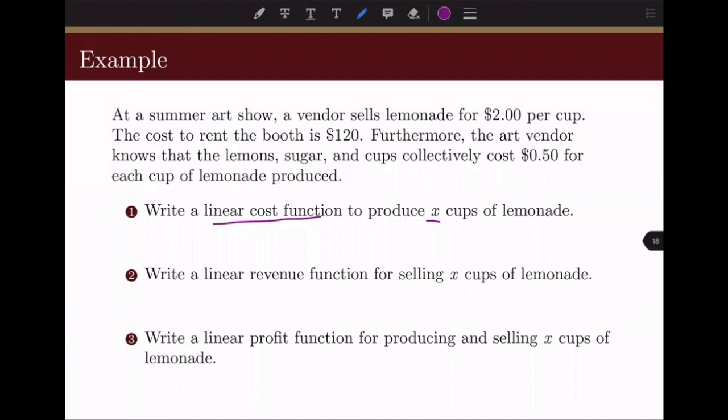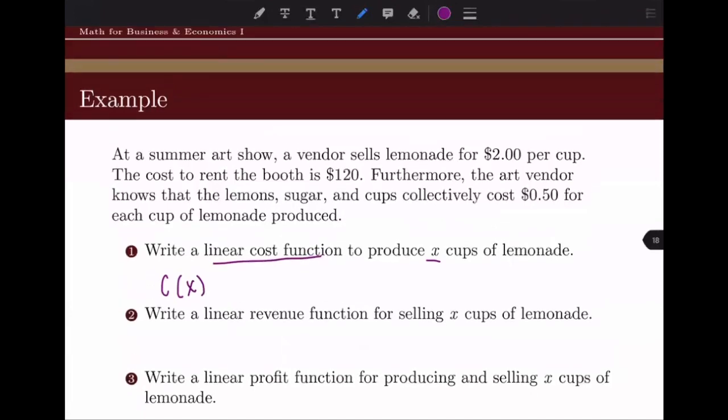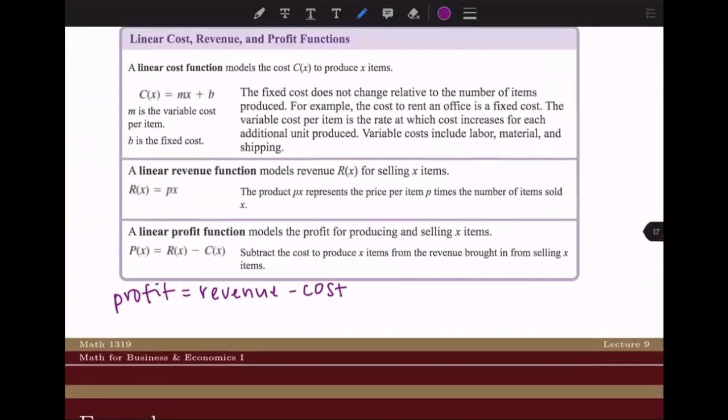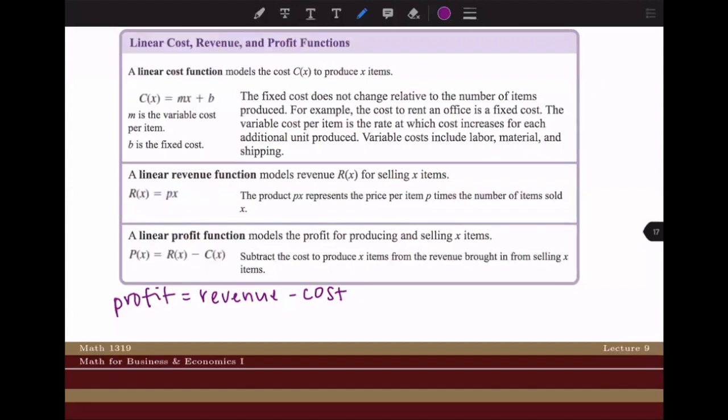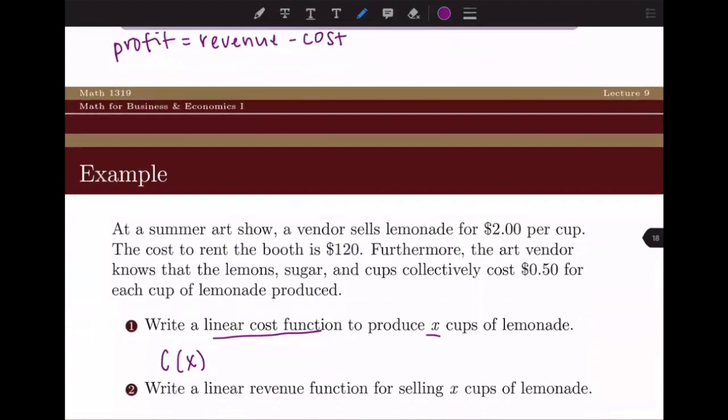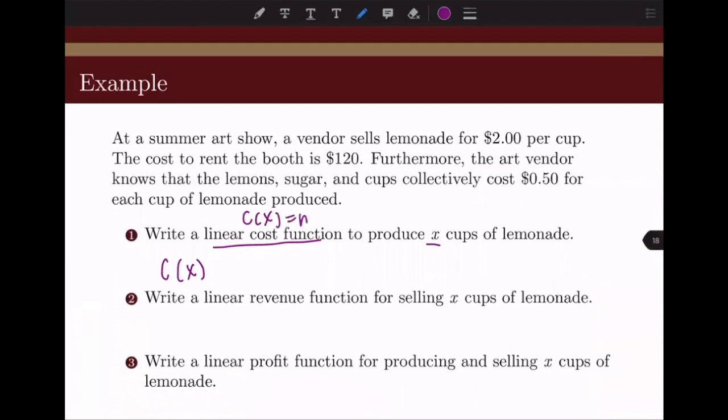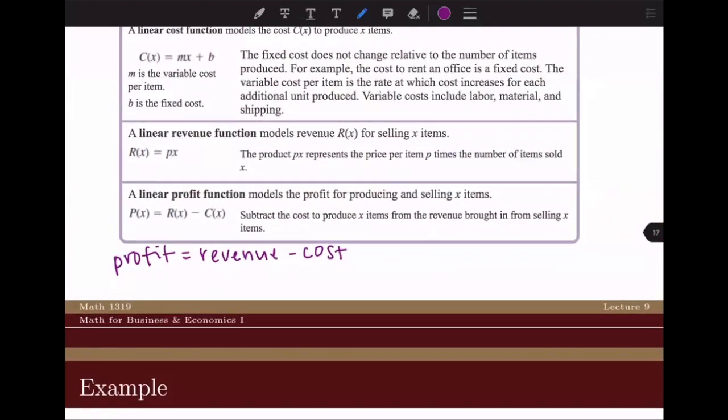And remember, our linear cost function is C of x. So let's scroll back up and remember what our terms mean. C of x equals mx plus b. m is the variable cost here, and b is the fixed cost.